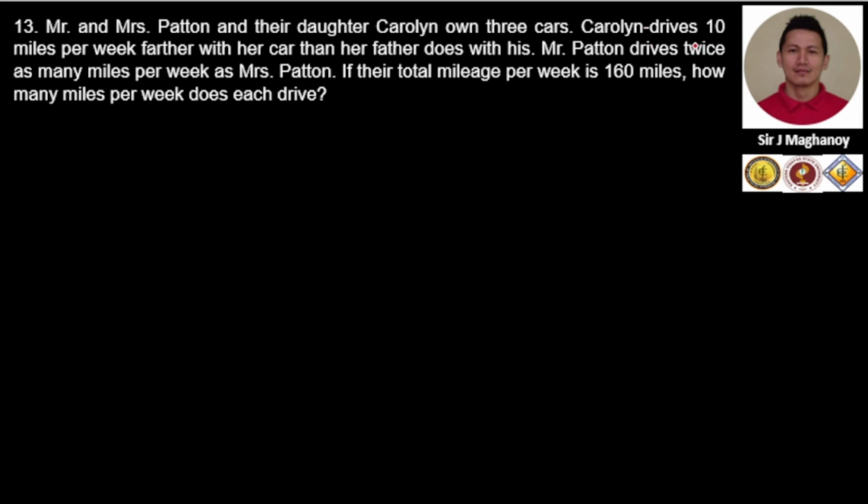So Carolyn drives 10 miles per week more with her car than Mr. Patton does with his. Okay? Mr. Patton is the father. If we simplify this statement, it means that Carolyn drives 10 miles more than her father, Mr. Patton. If the father, Mr. Patton, drives twice as many miles per week as Mrs. Patton, it's somehow confusing, right?